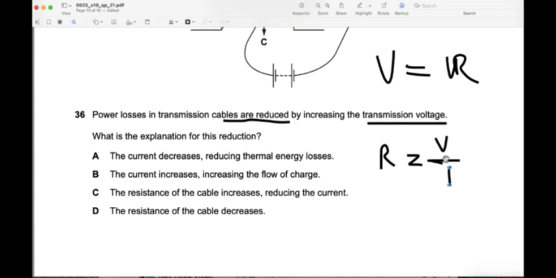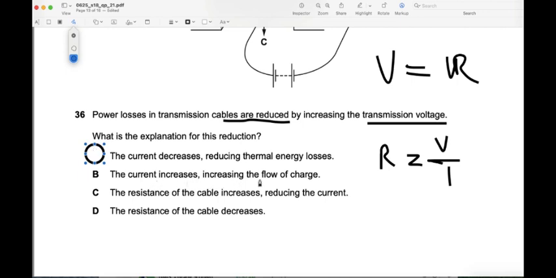So the current decreases, reducing thermal energy loss. Once you increase voltage, current will reduce, and once current reduces, your loss of energy will reduce also. So A is very correct.